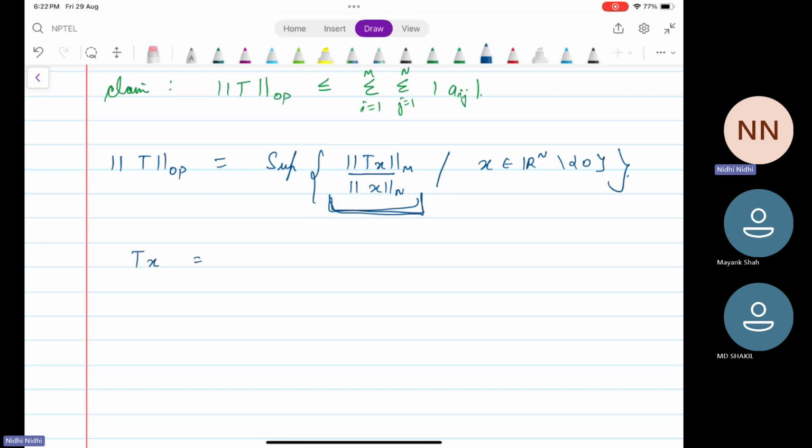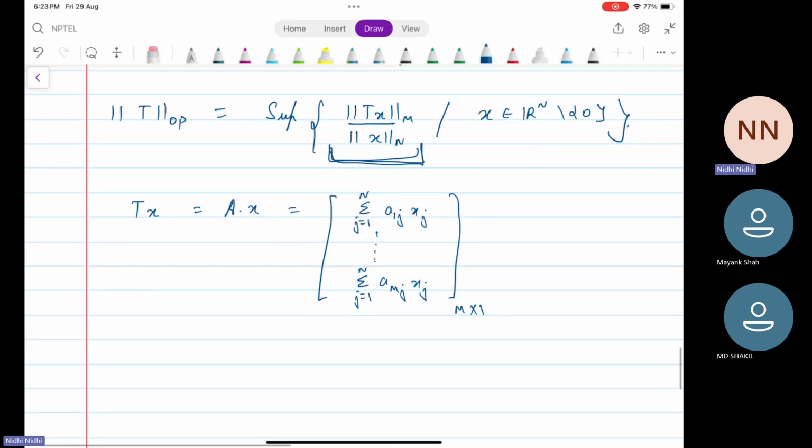The terms of Tx, this is again A times x, which is a vector of the form summation j from 1 to n, a1j xj, and so on up to summation j from 1 to n, amj xj. This is an m by 1 matrix.